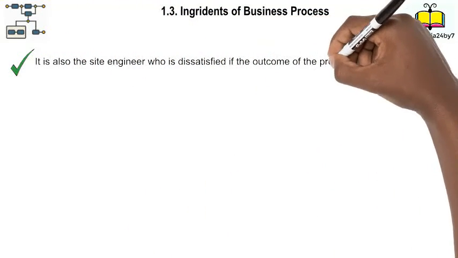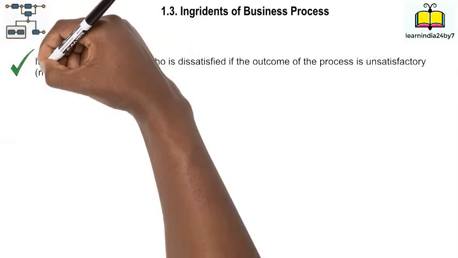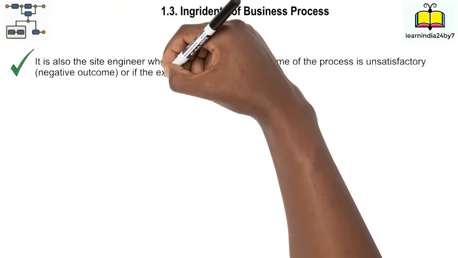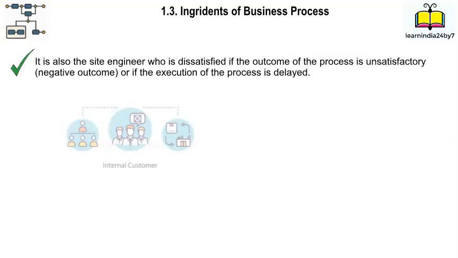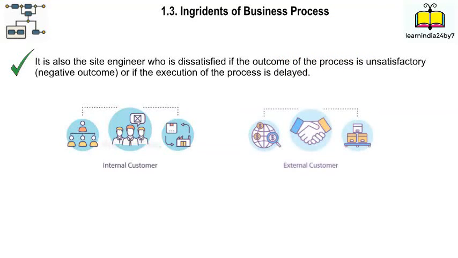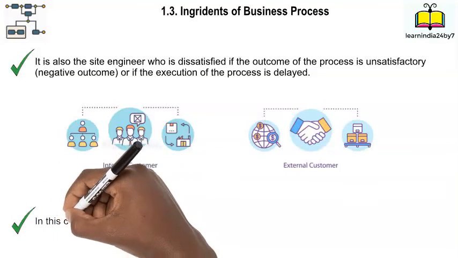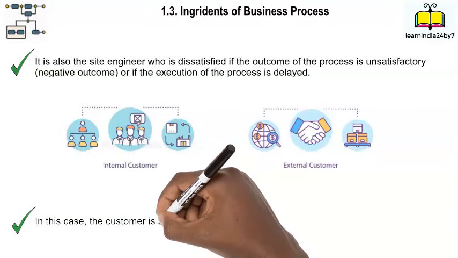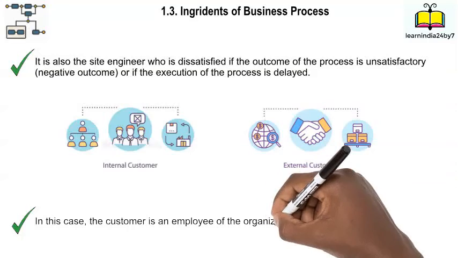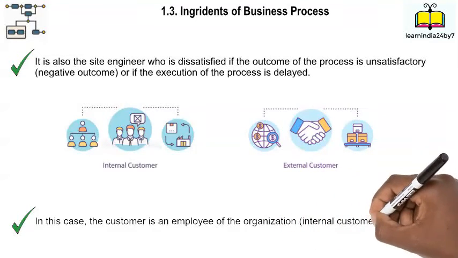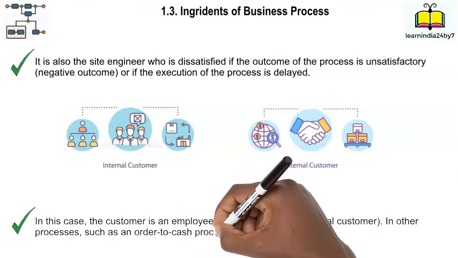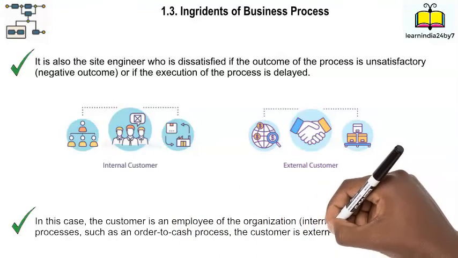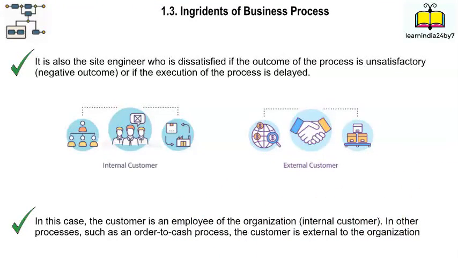It is also the site engineer who is dissatisfied if the outcome of the process is not up to the mark, or if the execution of the business process is delayed. In this case, the customer is an employee of the organization, hence it is an internal customer. In other processes such as the order to cash process, the customer is external to the organization.